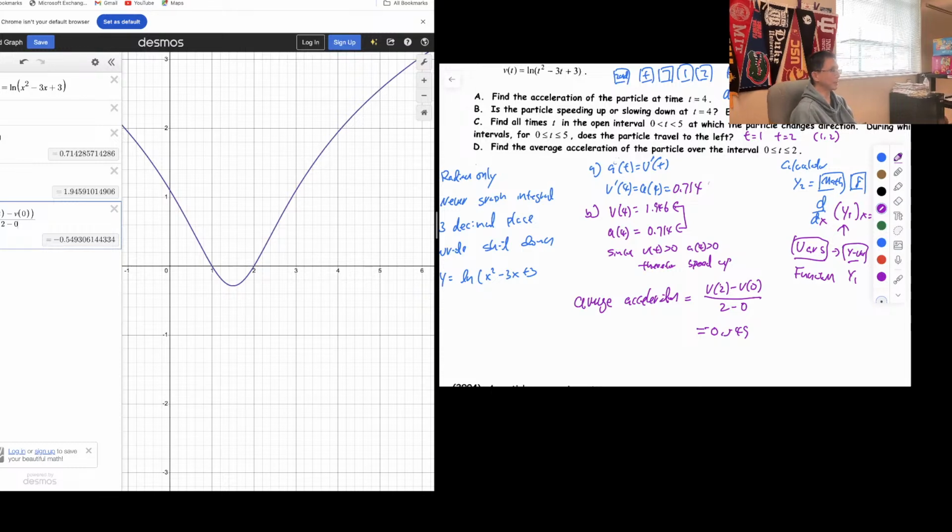Furthest left between 0 and 3. Yeah, same question. I can ask you, find the time. So write down, find the time when the particle is the furthest left. We talked about this the other day. Furthest left.